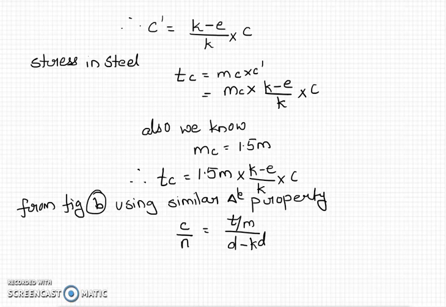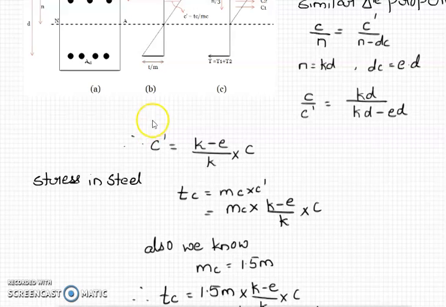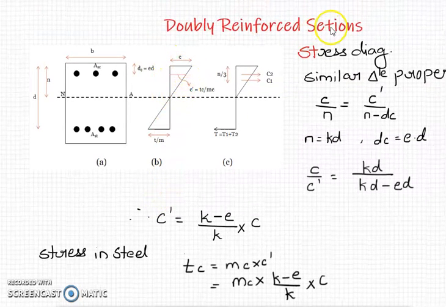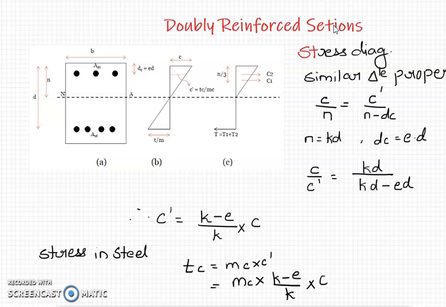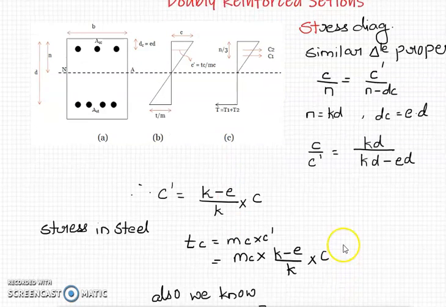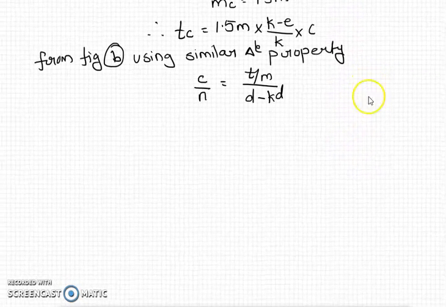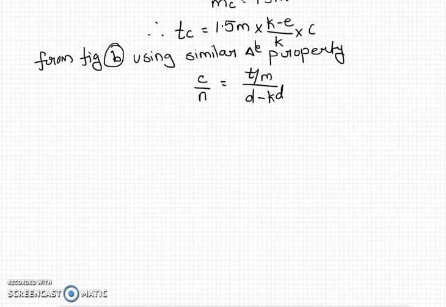I will explain to you this in the diagram. Earlier we considered the triangles only in the compressive zone. Now we have considered the stress triangle in compression zone and stress triangle in the tensile zone. So this C divided by N is equal to T by M divided by this distance, that is D minus N. So if you substitute N is equal to KD, it will be D minus KD here. So from stress diagram we get this. So from here we will be able to get the value of K.